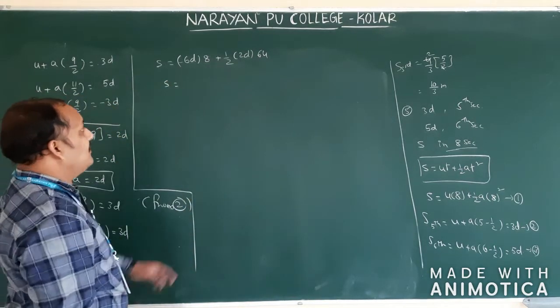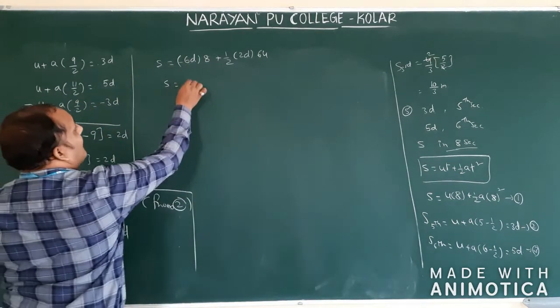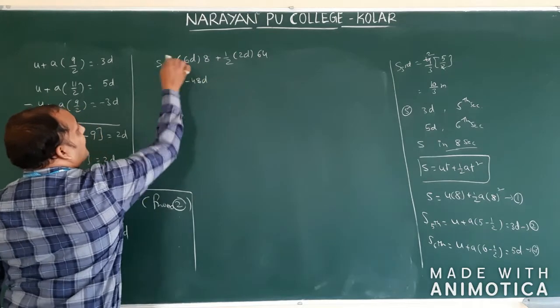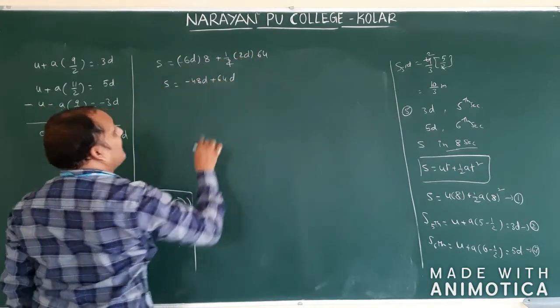So 8 into 6, 8 6s are minus 48, because the 2 will be cancelled, plus 64d.